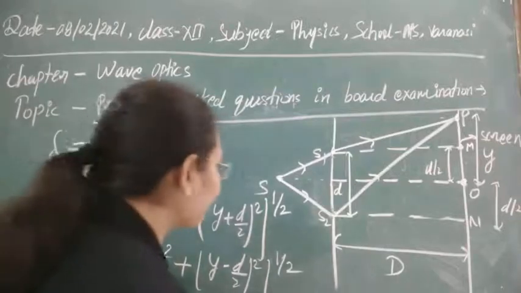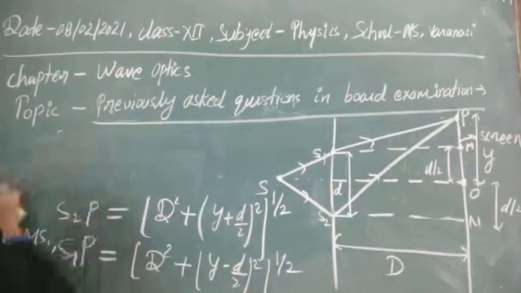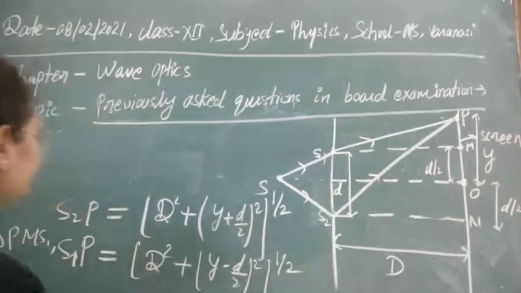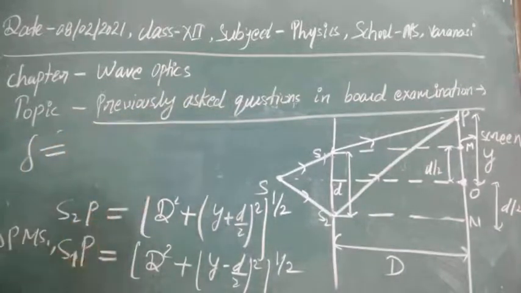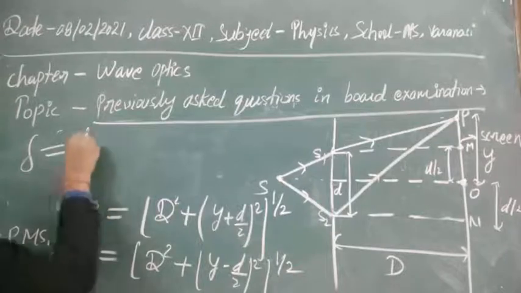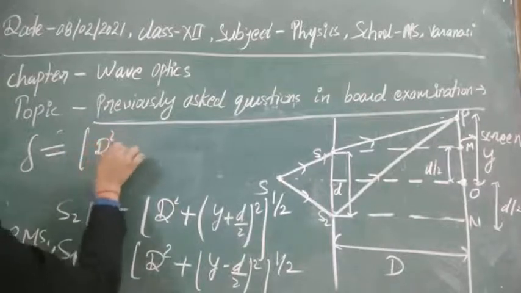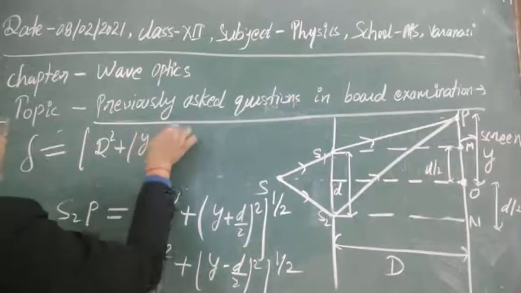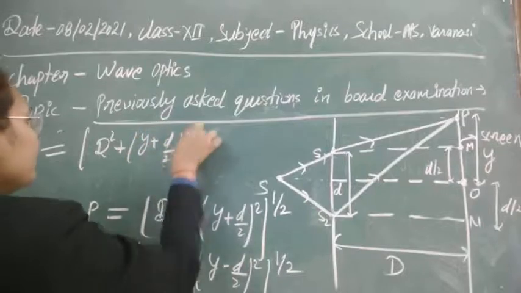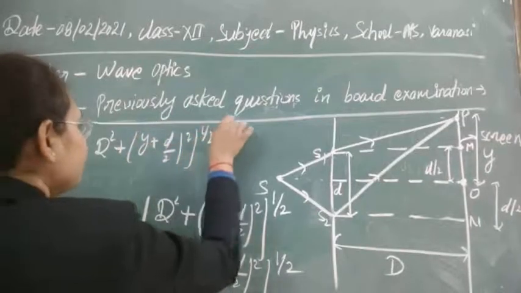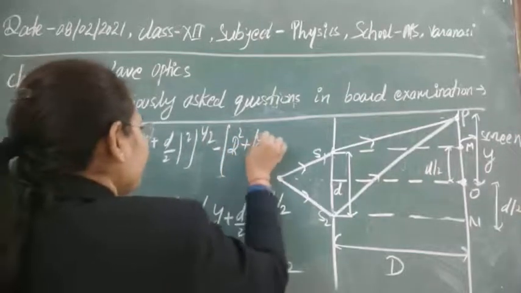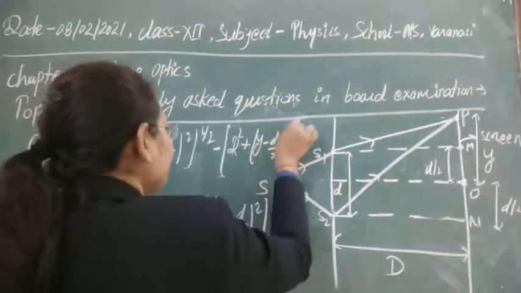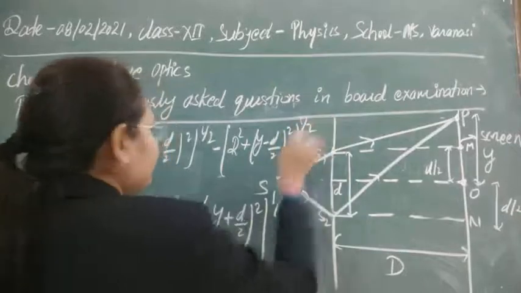Now we can obtain the value of delta, or the path difference. So this is S2P minus S1P. We can write here D square plus y plus d by 2 whole square, power 1 by 2, minus again D square plus y minus d by 2 whole square, power 1 by 2.